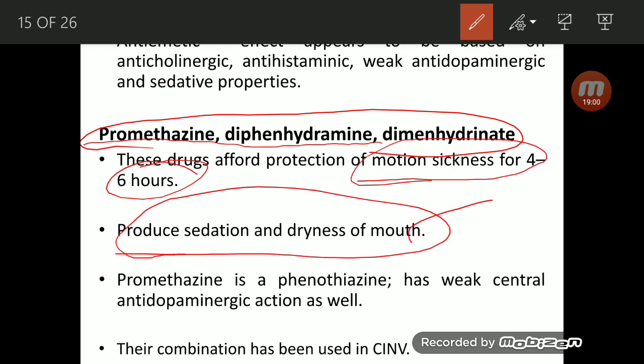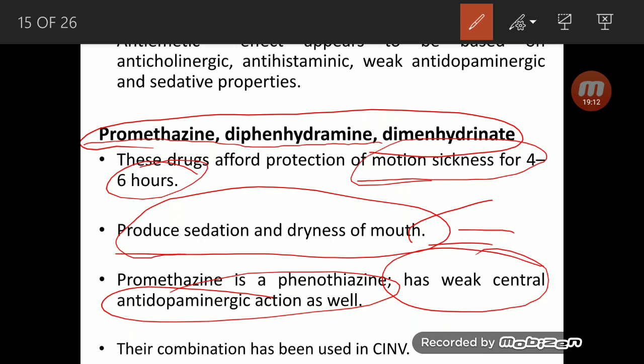The side effects of these drugs are sedation and dryness of mouth. Promethazine and phenothiazine also have weak central antidopaminergic action, and the combination of these drugs is used for CINV. CINV is chemotherapy induced nausea and vomiting.